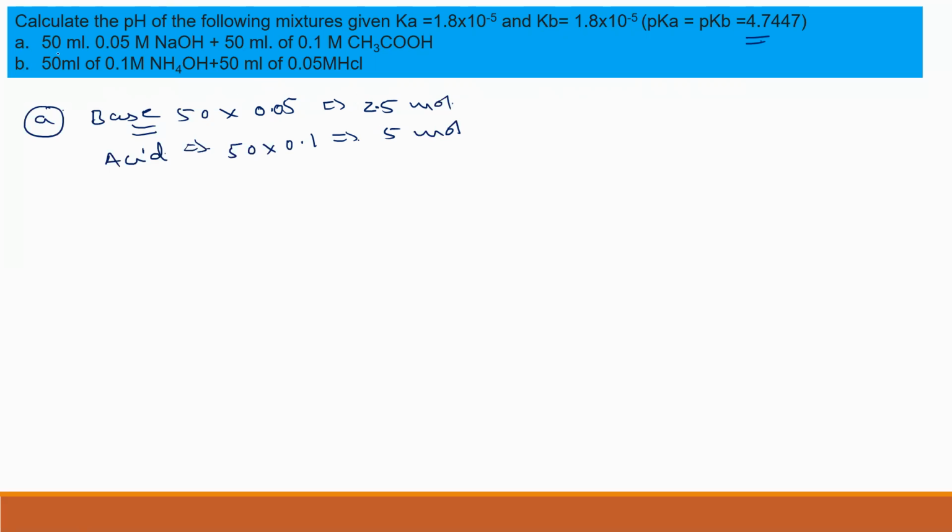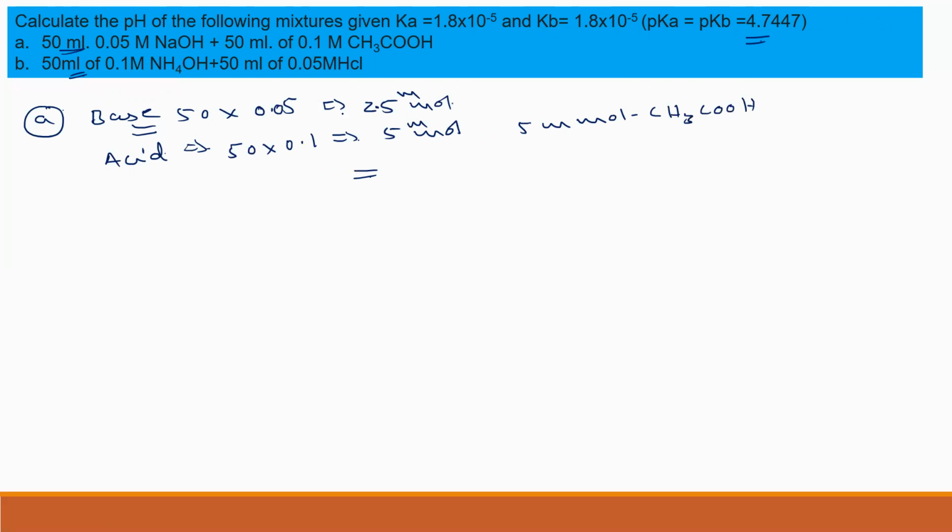Yeah, so the volume is given in mL, no? So because of that, this is in millimole. Then what is the amount of CH3COOH left? So 5 millimoles of CH3COOH is there.